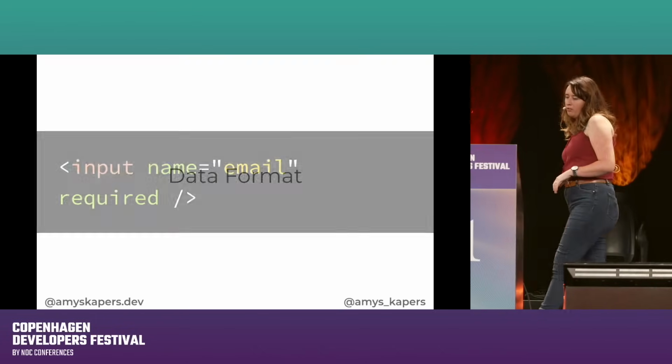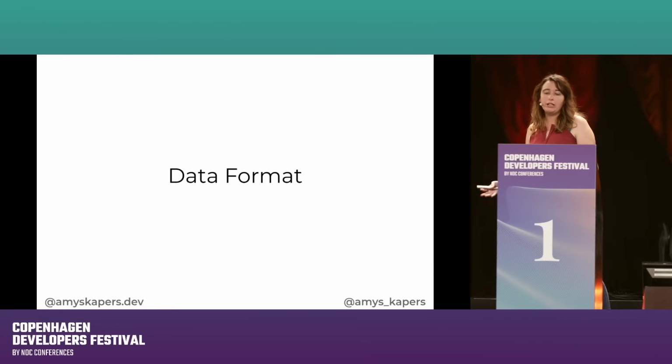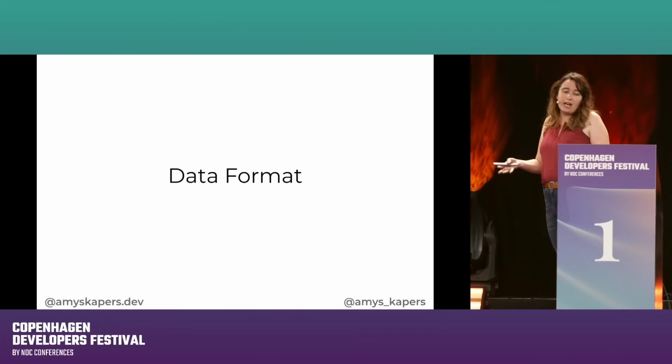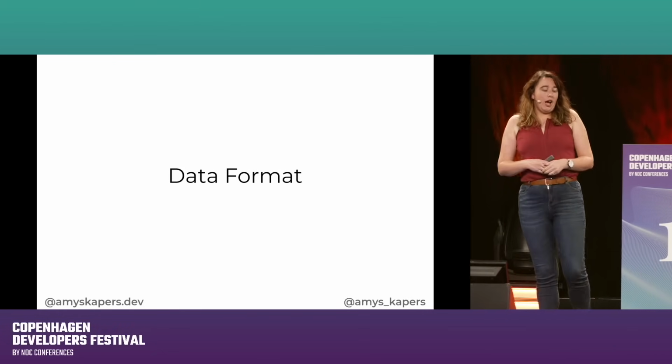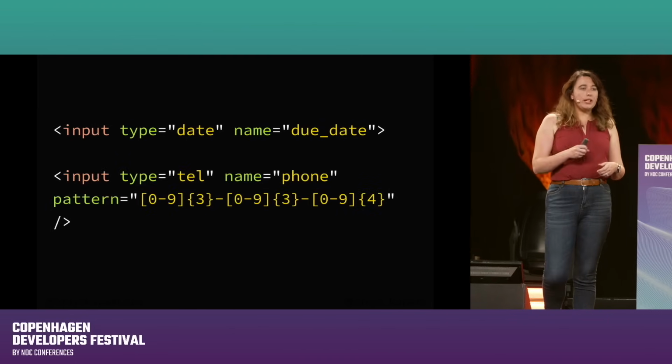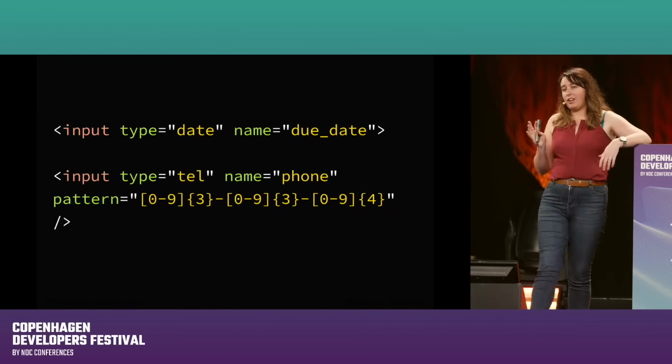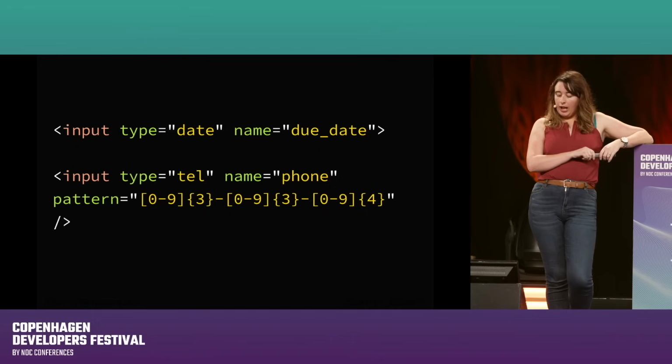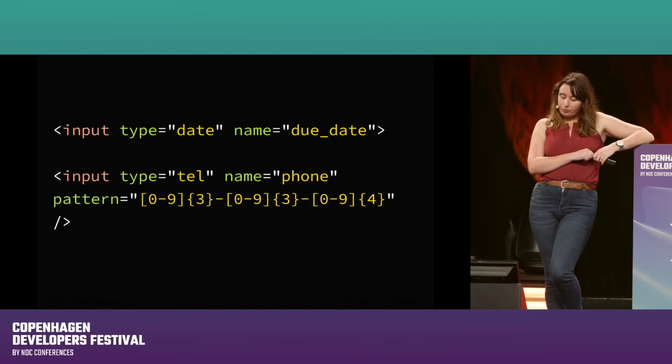The other form of validation that we often end up doing is the format that the data is coming in. So this is really important for some fields like dates and phone numbers.